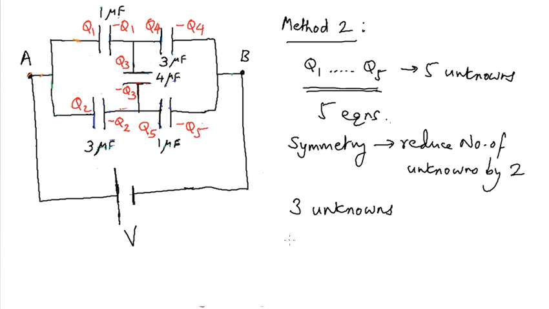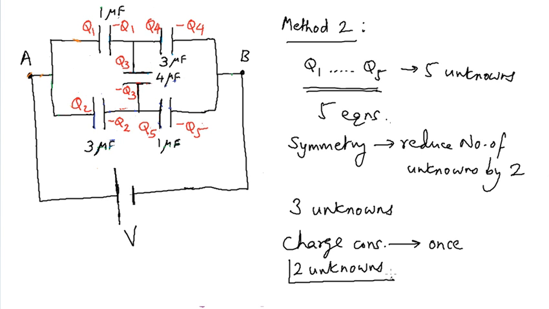The next step would be to apply charge conservation as before, and in doing so these three unknowns will get reduced to two unknowns, because we'll be applying charge conservation once and not twice. So finally you are left with two unknowns.